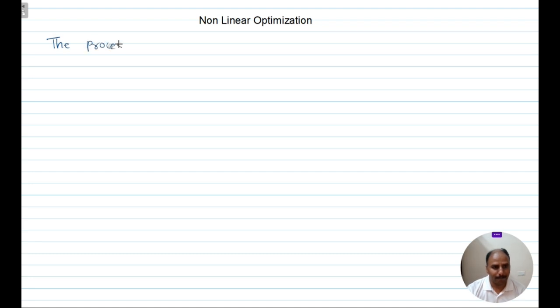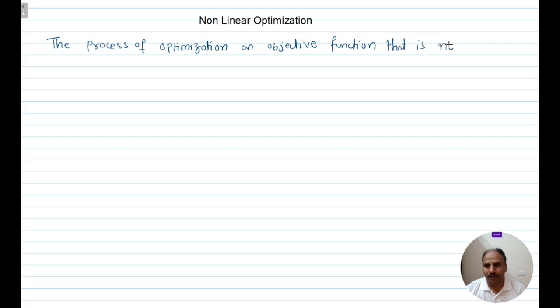optimization, mention an objective function that is nonlinear to its parameters.